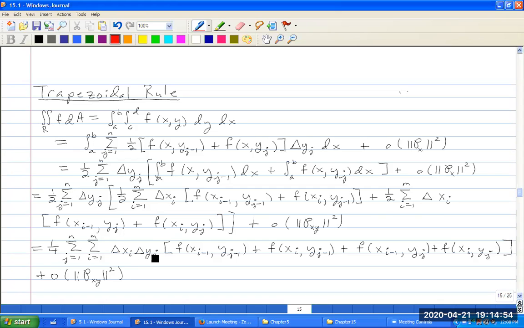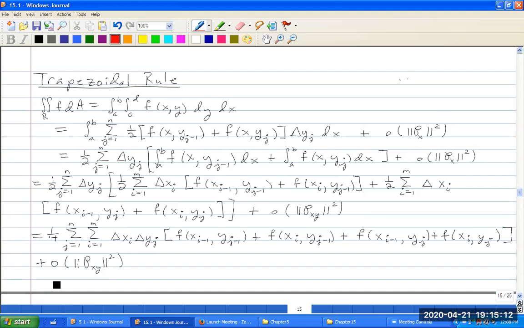So this will still be in the same double summation. f of x sub i minus 1, y sub j plus f of x sub i, y sub j plus little o. So this is the trapezoidal rule.